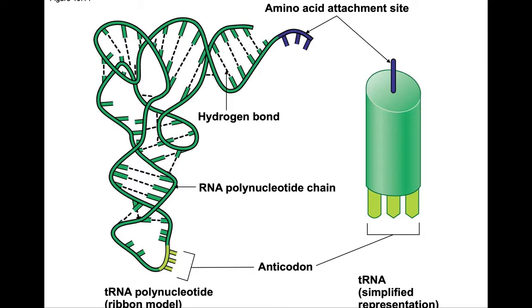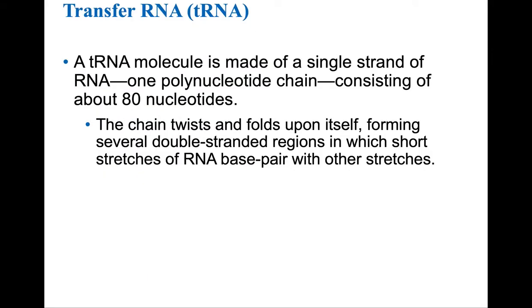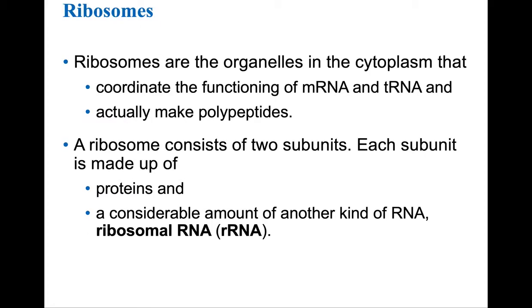The bottom correlates to the anticodon. So what do you think the anticodon will attach to? The anticodon will attach to the codon of the RNA. We'll see that on the next picture. Let's go look at that next. Okay, moving forward.